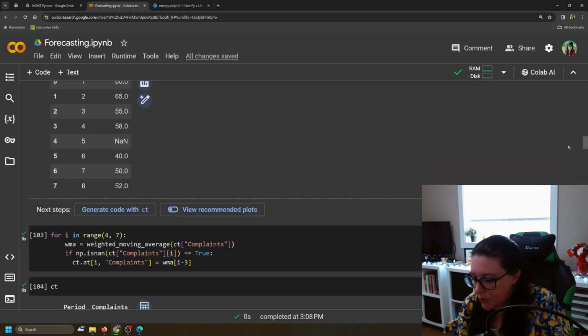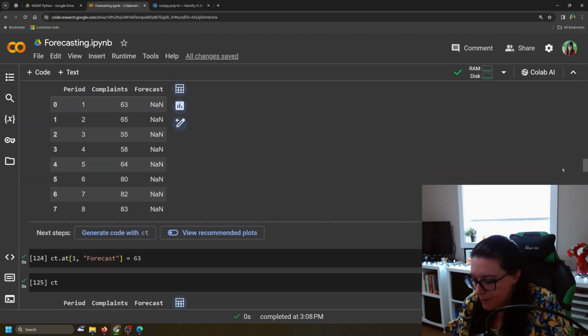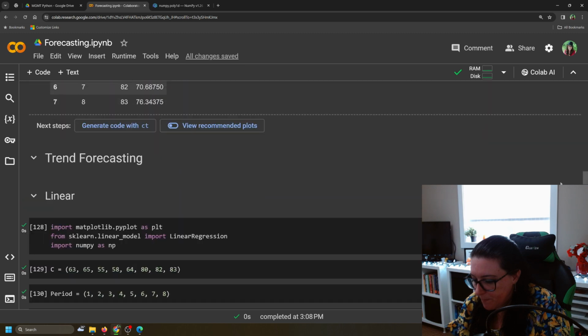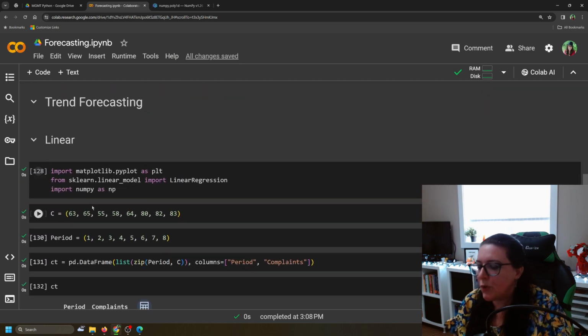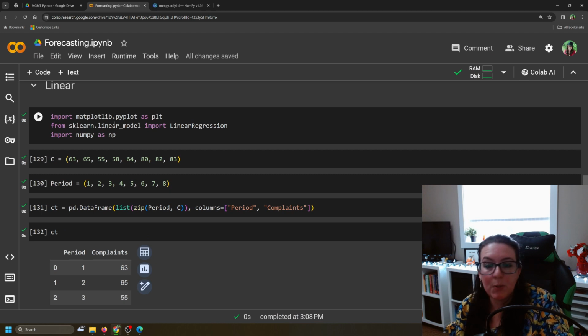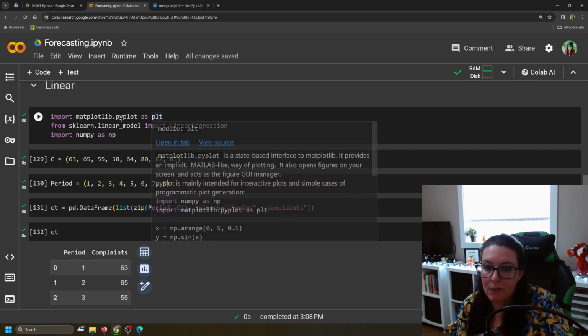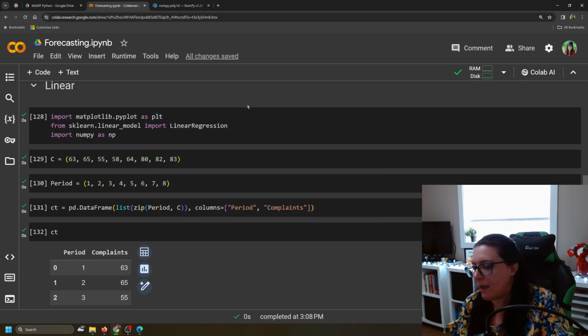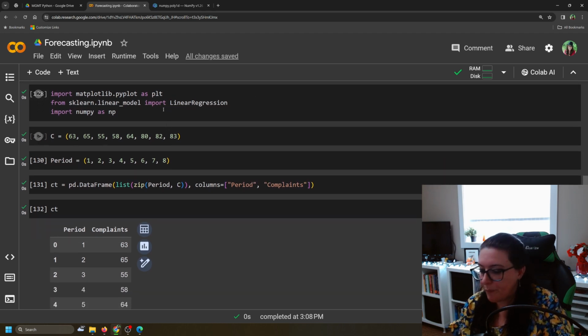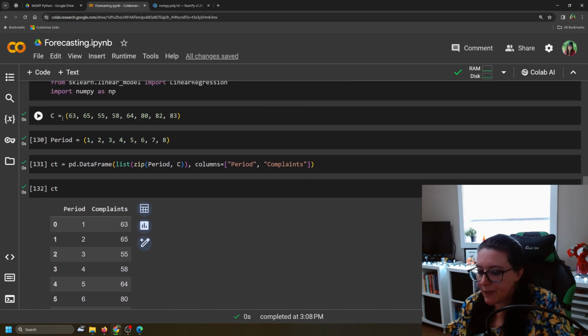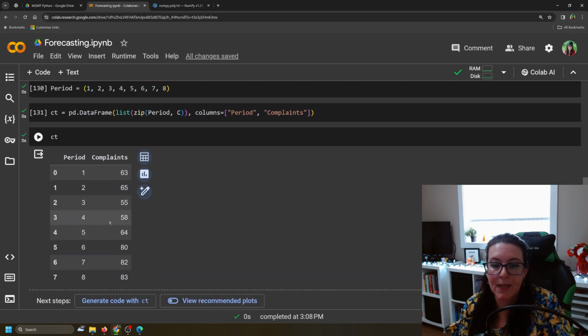Then you'll need to import matplotlib.pyplot as plt for our graphing, and then we'll do the sklearn linear model as well. So we entered in our complaints, we entered in our periods, we turned it into a table, and so here we have our table of complaints. So make sure you run that code if you didn't run the previous video.